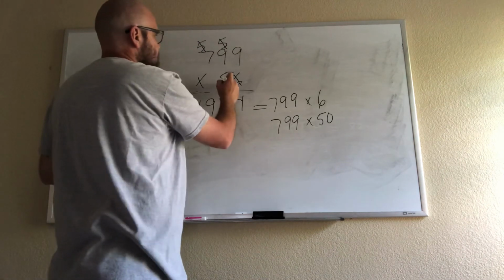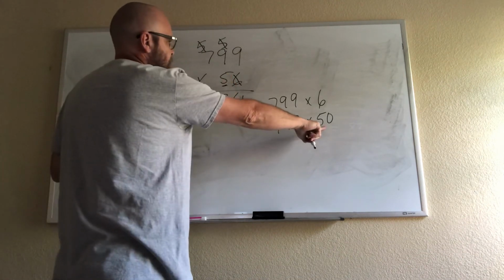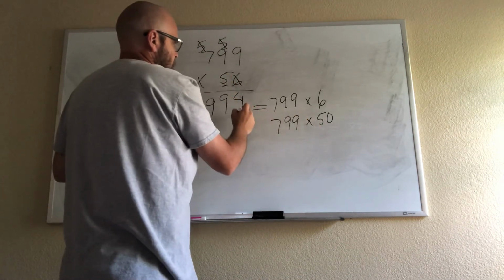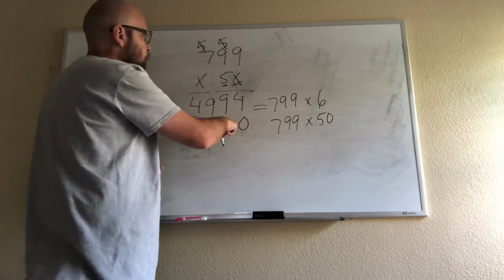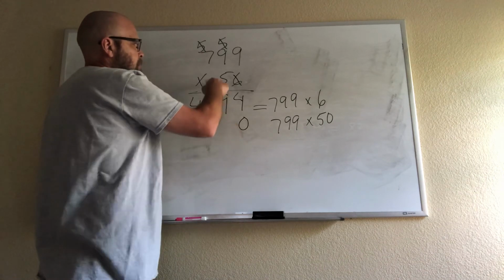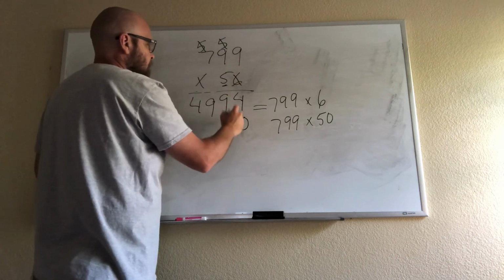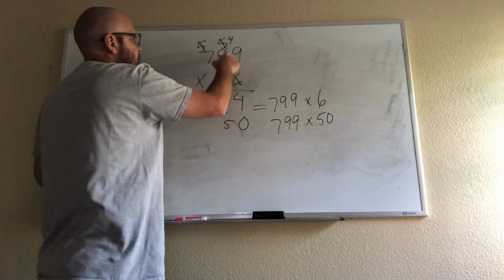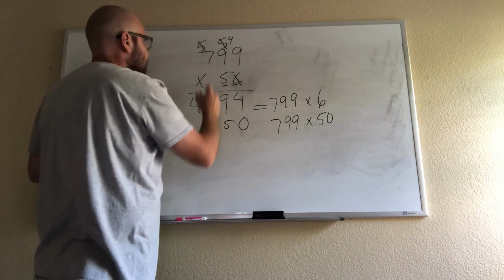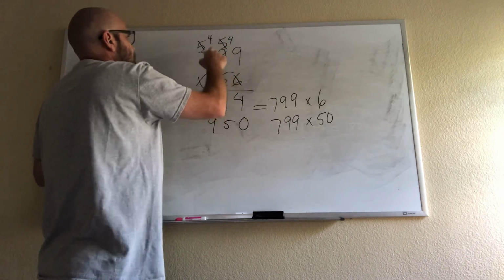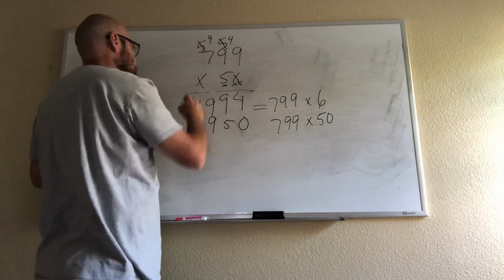I'm moving to my tens place. 5 tens is 50. Since I'm in my tens place, that 0 goes there, and my first number when I multiply is going to go in my tens place. 5 times 9 is 45, plus the 4 is 49. 5 times 7 is 35, plus 4 is 39.